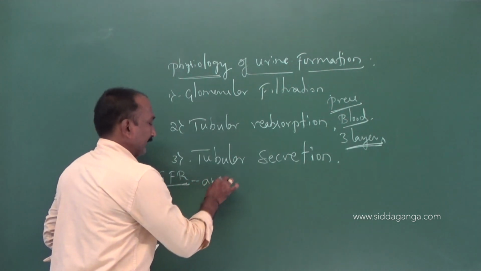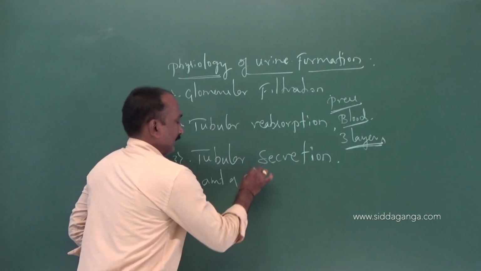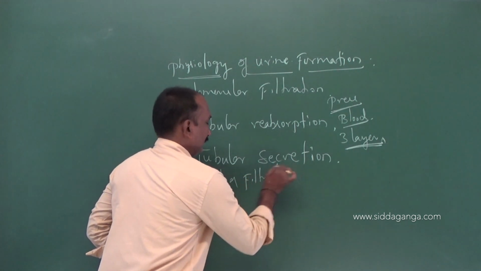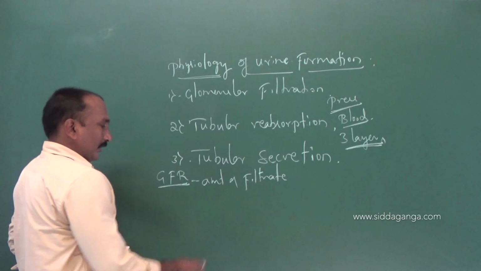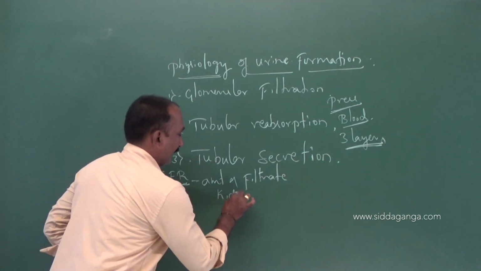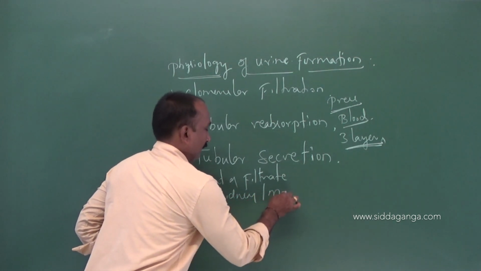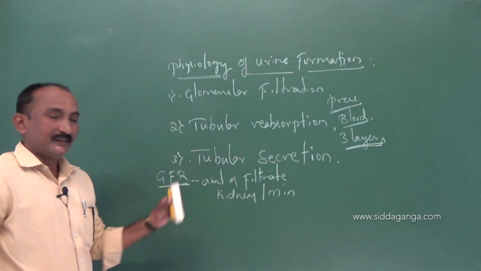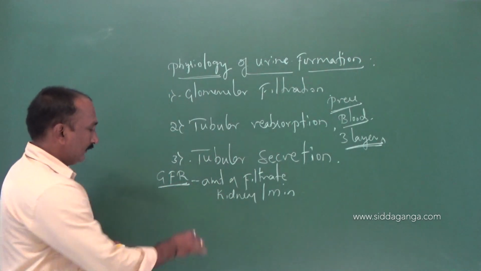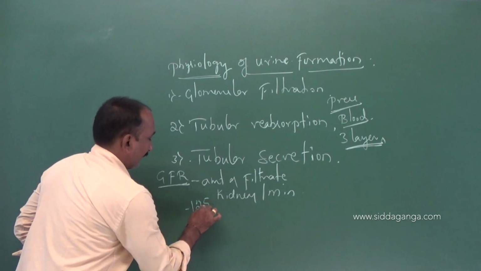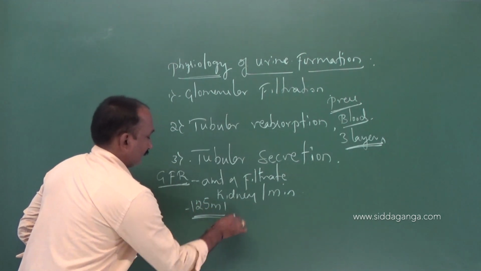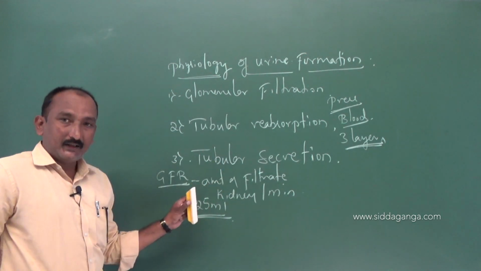What is the glomerular filtration rate? The amount of filtrate formed by the kidney per minute is known as the glomerular filtration rate. That is about 125 ml per minute.